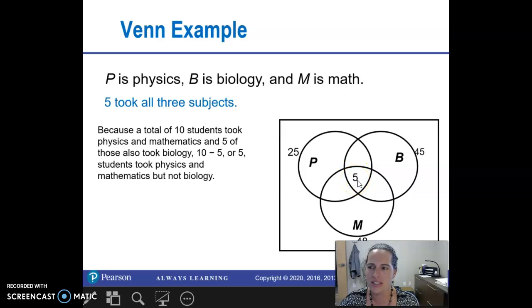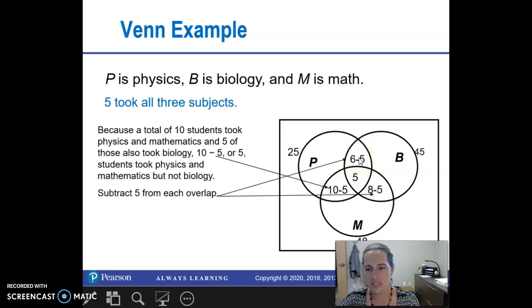Now, remember we said that there were 10 students that took the physics and the math. Okay, so there were 10 between these 2 pieces. Well, if 5 of them are there, that means this other section is going to be 10 minus 5. Well, it's another 5. And remember there was a 6 up here, and now it's going to be 6 minus 5. There was an 8 on this line, but we've got to subtract 5, so this section right here is going to be 8 minus 5.